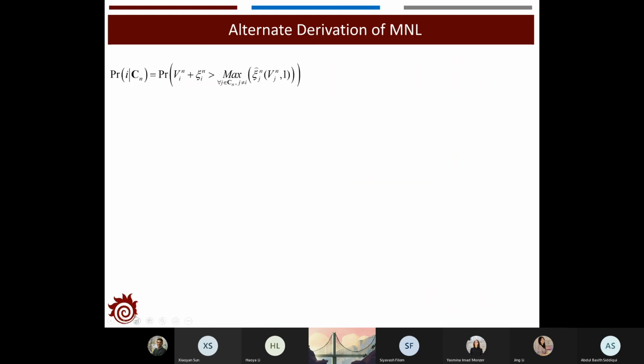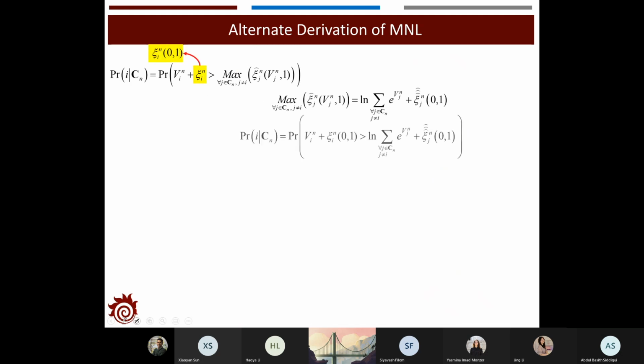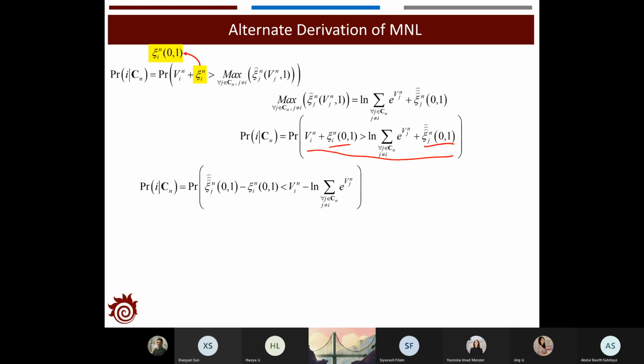If we check this one, you can see that on both sides of this equation, they have the standard Gumbel distribution, and they have two different deterministic components. And the probability asks us to find out the difference between two random variables.